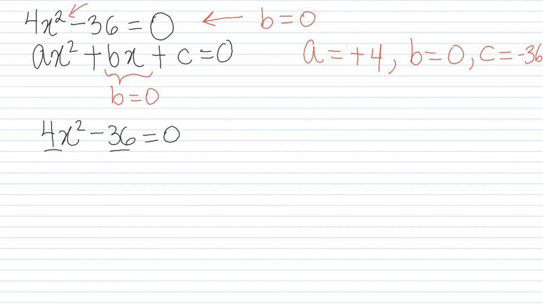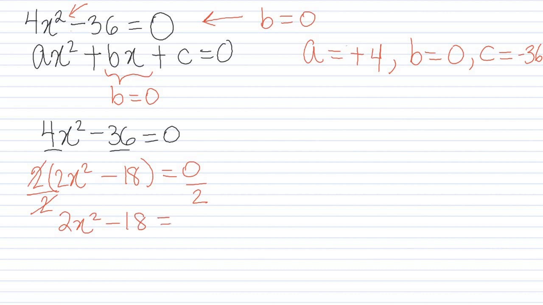And we know that we can just bring out 2, right? Let's bring out 2. So we have 2x squared minus 18 equals 0. We divide both sides of the equation by 2. 2 into 1. And 0 divided by 2 is just 0. So our new equation is going to be 2x squared minus 18 equals 0.